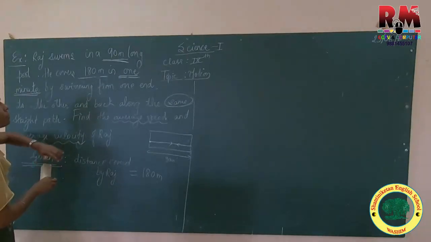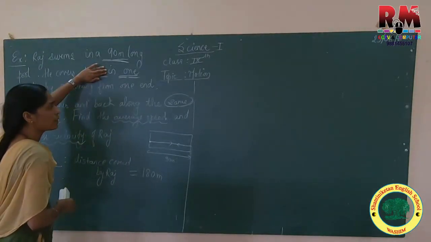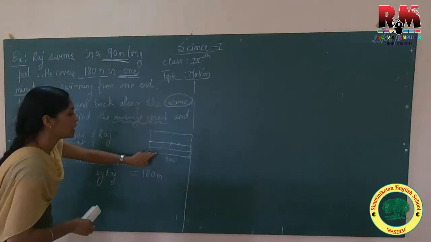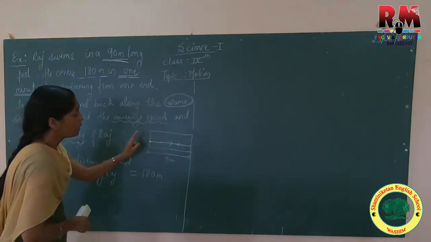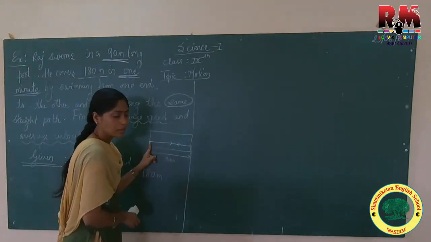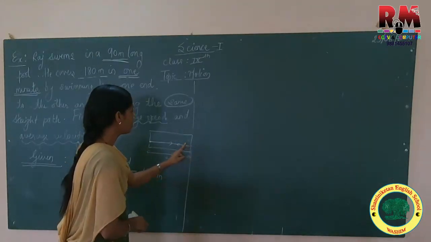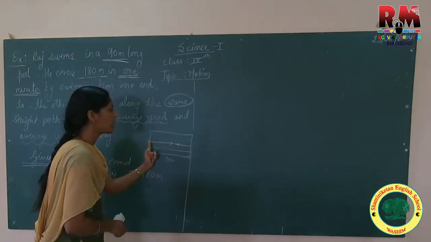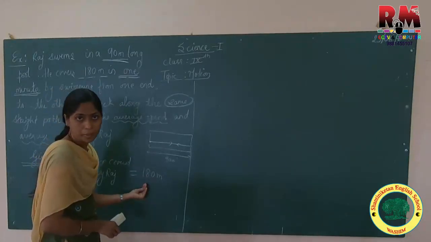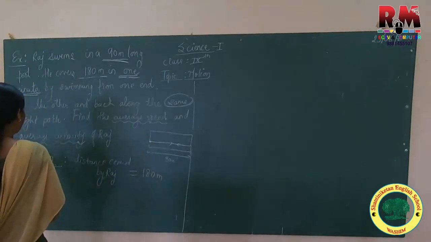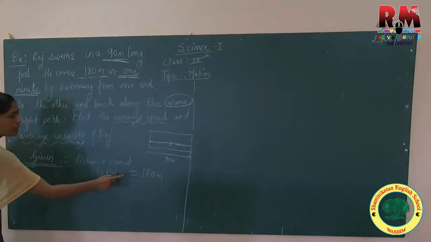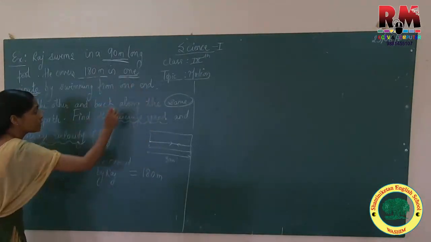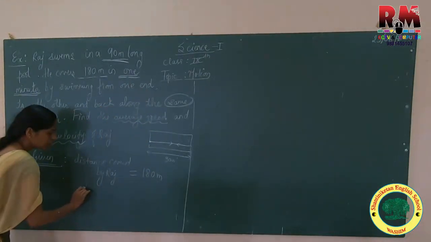And if 180 meter is not given, still you have to understand he is moving in the 90 meter long swimming pool. He is starting from this point, again going using the same path. So 90 plus 90 it becomes 180 meter.